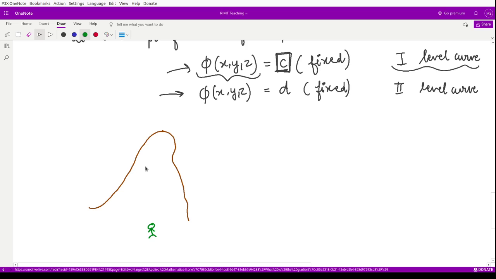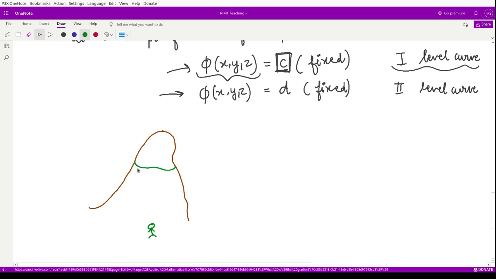So on this mountain, suppose this is a curve defining the geometry of the mountain. With the curviness of this mountain, this curve is also bending, right?